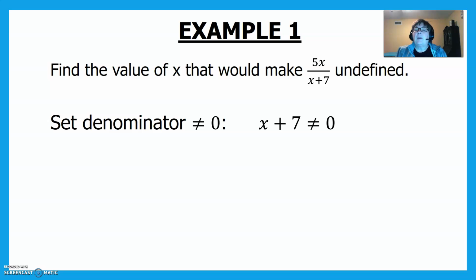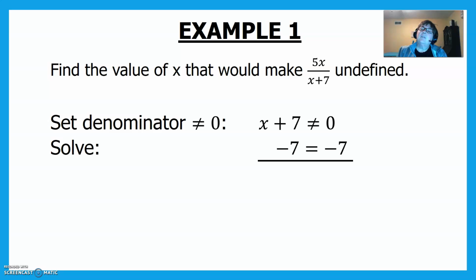So I want to get x all by itself. So to do that, I'm going to subtract 7 from both sides. And I'm going to simplify, and I'm left with x is not equal to negative 7. So negative 7 is the value that would make that rational expression undefined, because negative 7 plus 7 is 0.